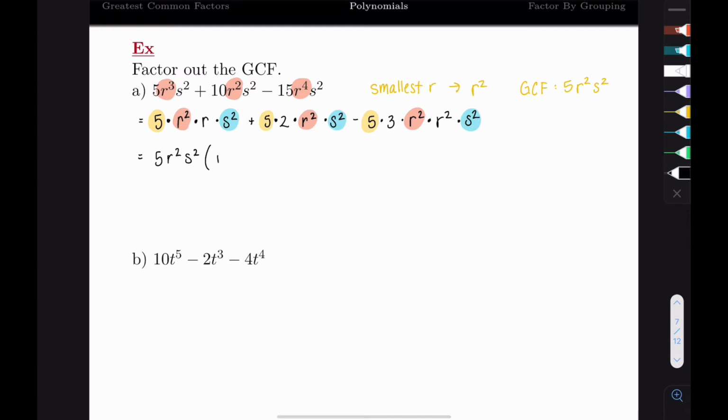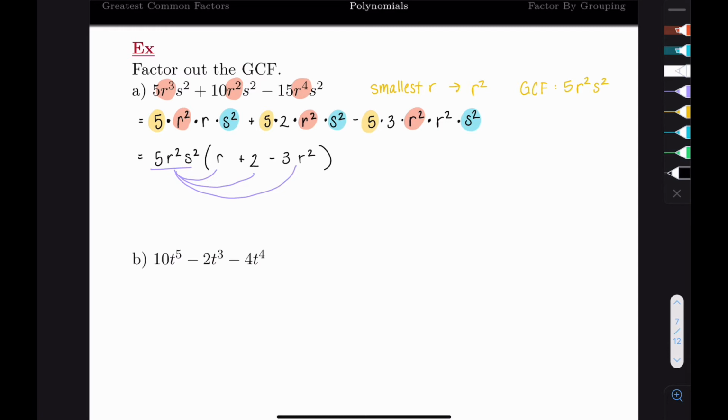From the first piece, we're left with an r. From the second piece, we're just left with a 2. And from the last piece, we're left with a -3 and an r squared. And again, if you want to check that you did this correctly, you could take this and then you could go back and distribute it to all 3 pieces.